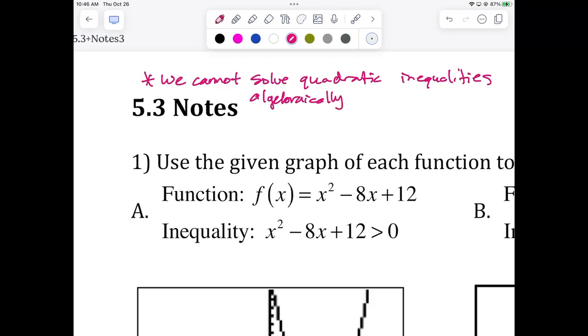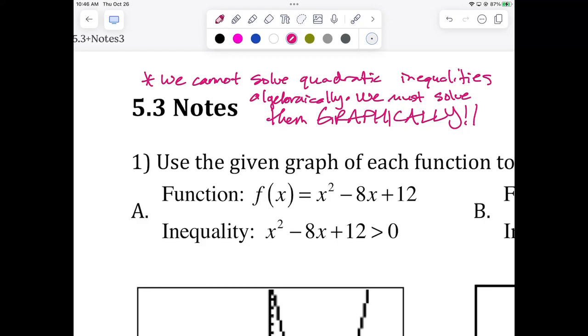There is no rule that says just flip the inequality when you multiply or divide by a negative, like there is for linear inequalities. So how do we solve them? We must solve them graphically.